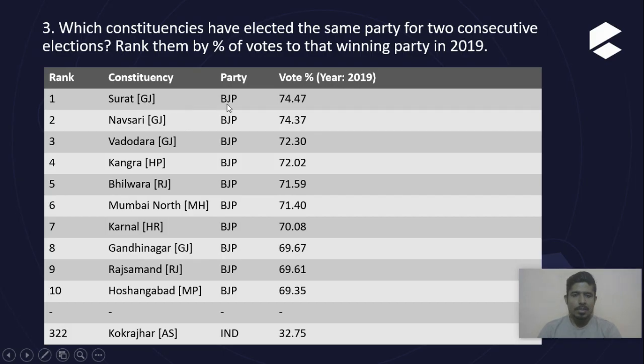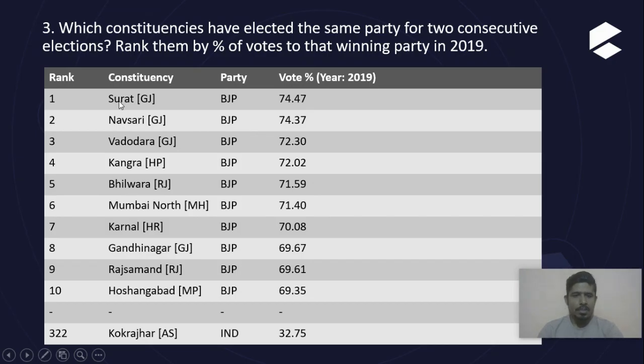This constituency elected BJP in both 2014 and 2019, and in the 2019 election Surat gave 74.47 percent of its total votes to BJP. So this 74.47 is the highest among all such 322 constituencies. That's why this Surat constituency is ranked as number one.